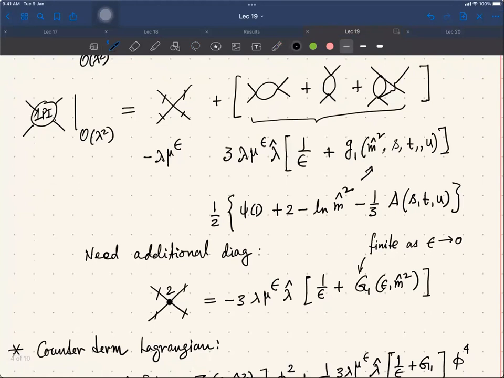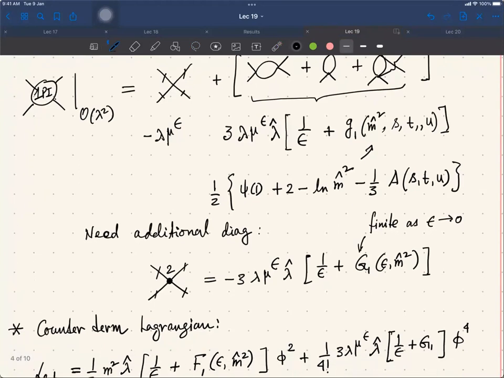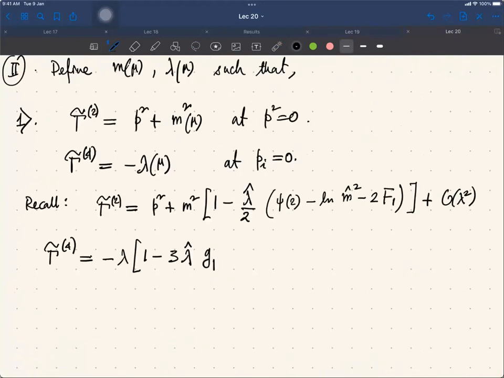and minus capital G1, which is the counter term.